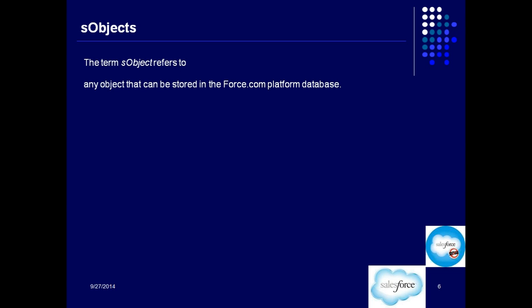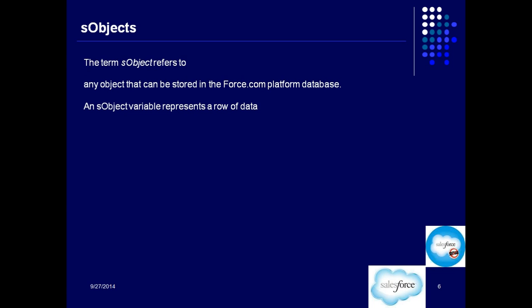S-object stands for Salesforce objects. So as it says, the term S-object refers to any object that can be stored in the Force.com platform database. So any object which is stored in the database, right? So it can be a standard object, it can be a custom object.